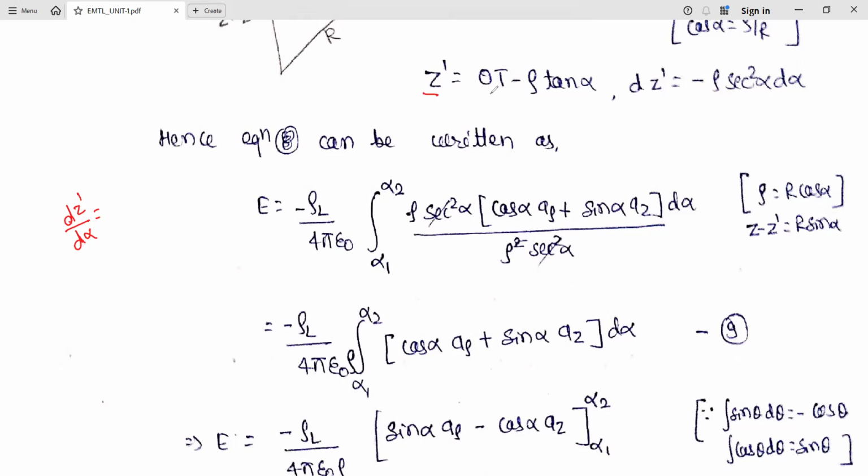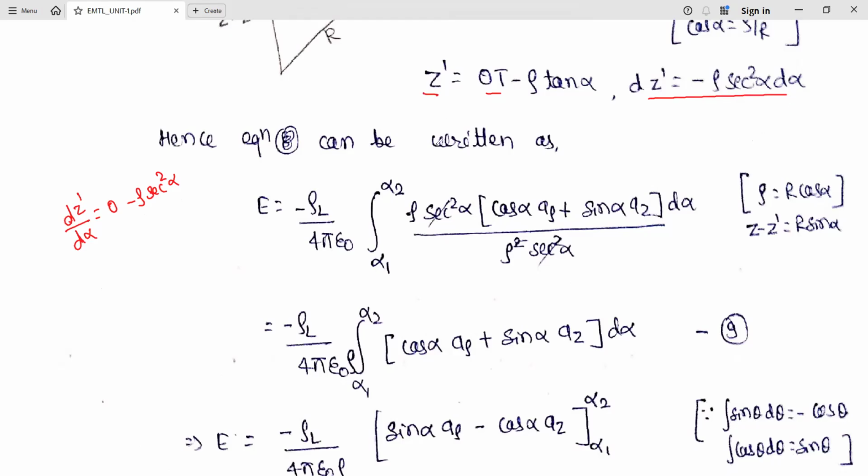OT is constant, so that becomes 0, and minus rho, and differentiation of tan alpha is sec square alpha. So that's why we get dz dash equal to minus rho sec square alpha into d alpha. That is the concept of how we have written this.